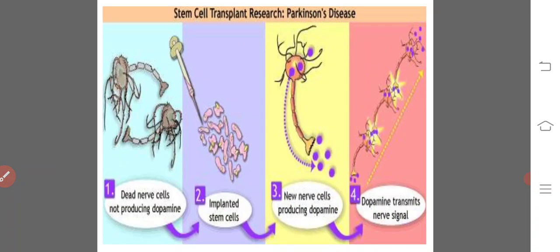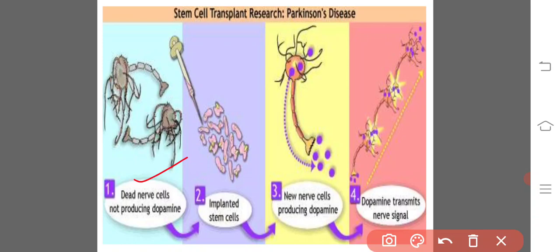This dopamine acts like a messenger between the substantia nigra and the corpus striatum of the brain. As a result, controlled movements happen in an appropriate manner. Damage or death of the neurons that secrete dopamine is the main reason for Parkinson's disease.